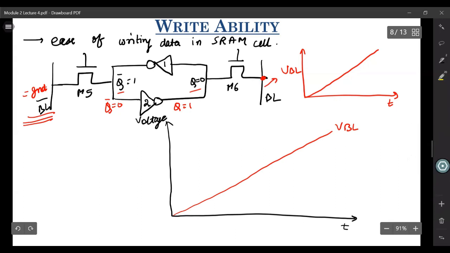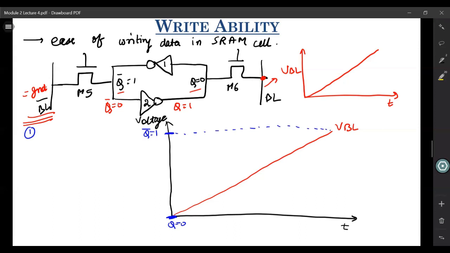Let us say we have two SRAMs. For the first SRAM, we have the Q and Q bar characteristics like this. Initially your Q was 0, so it's here, and your Q bar equals 1, so this is at VDD. Now let us look at how Q and Q bar behave as you ramp up your bitline voltage.